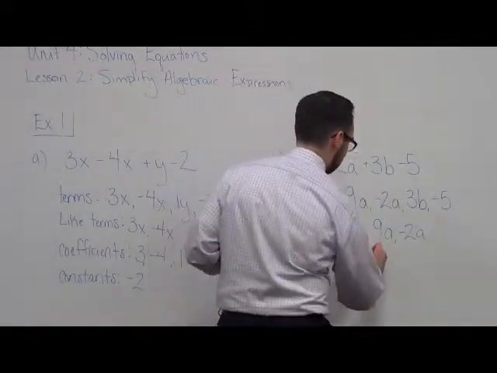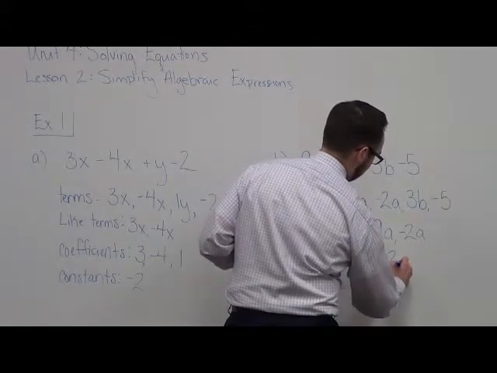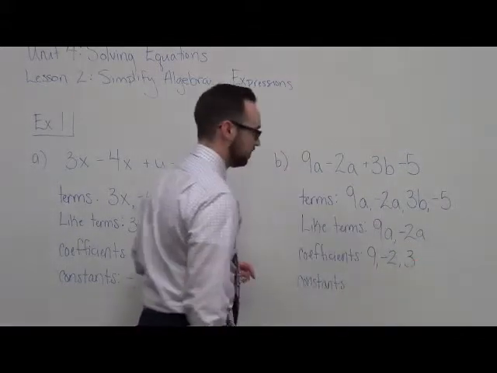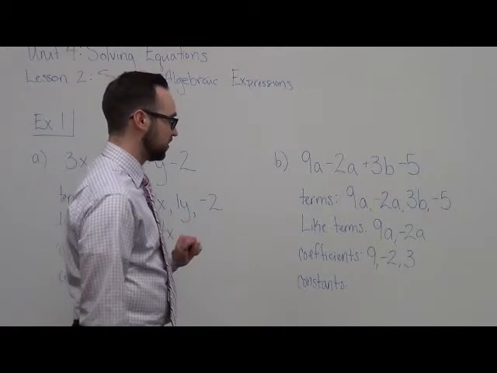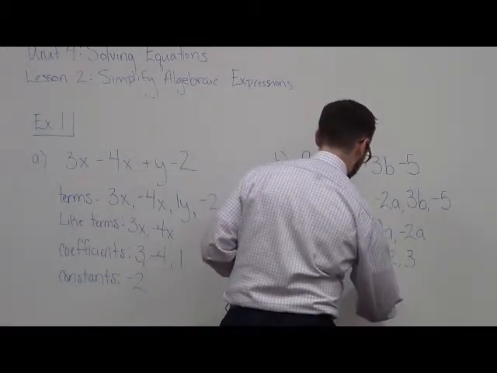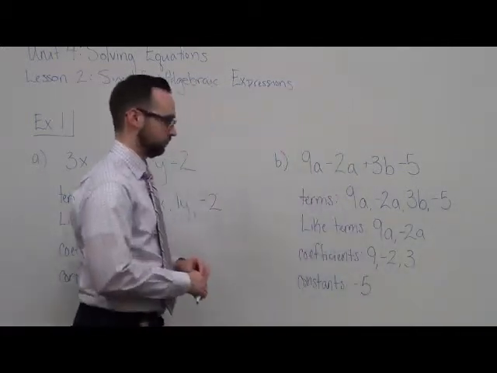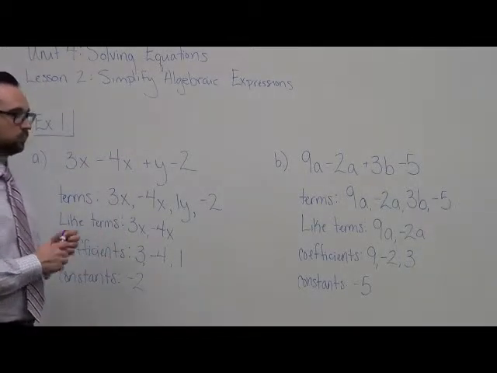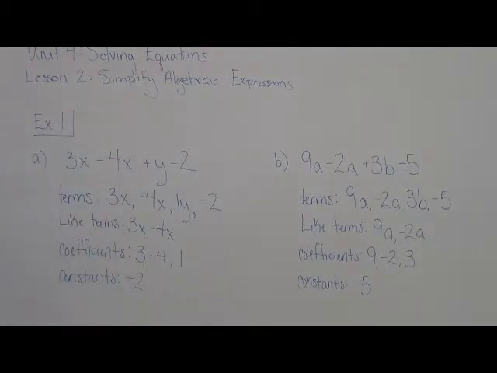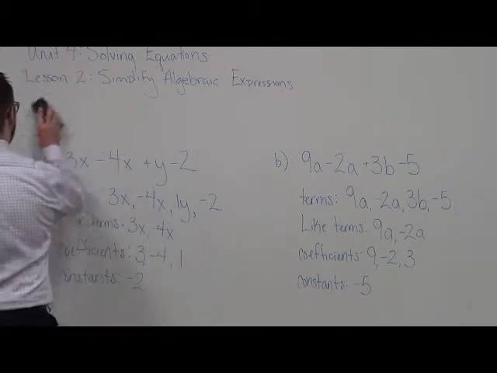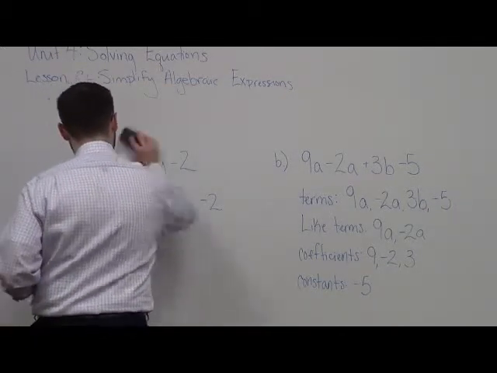So we have a 9, a negative 2, and a 3. And then constants, we have a negative 5. And that's all there is to it. So you will have some examples of that. Alright, so a few other definitions we need to talk about before we can actually get to simplifying these.